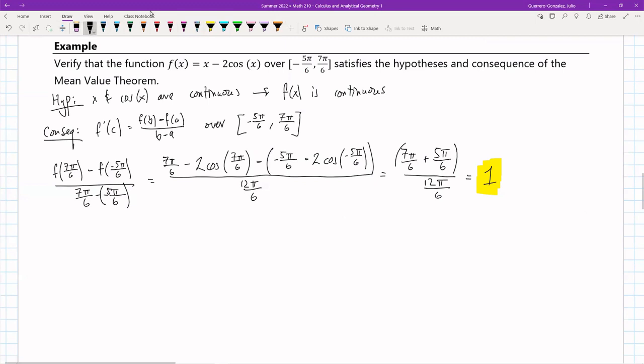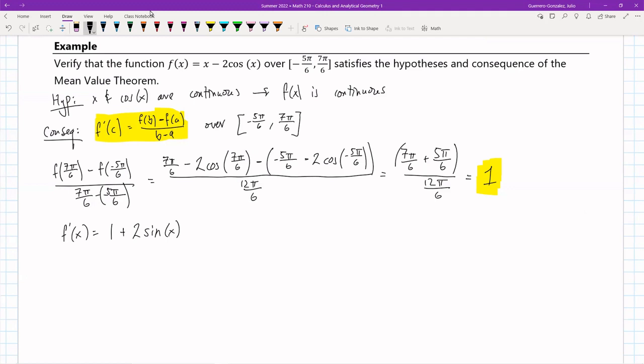Now we get to find the left-hand side of this equation. So I'm going to do f prime of x. I need to take the derivative of the original, so that's going to be 1. Derivative of cosine is negative sine, so it's going to be plus 2 sine of x.